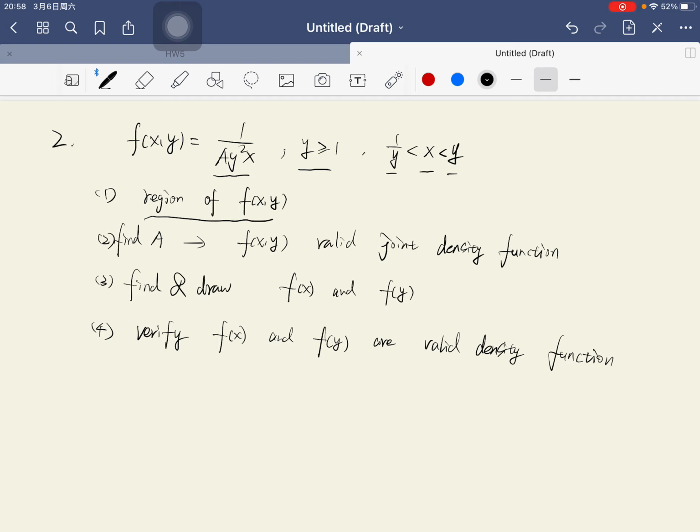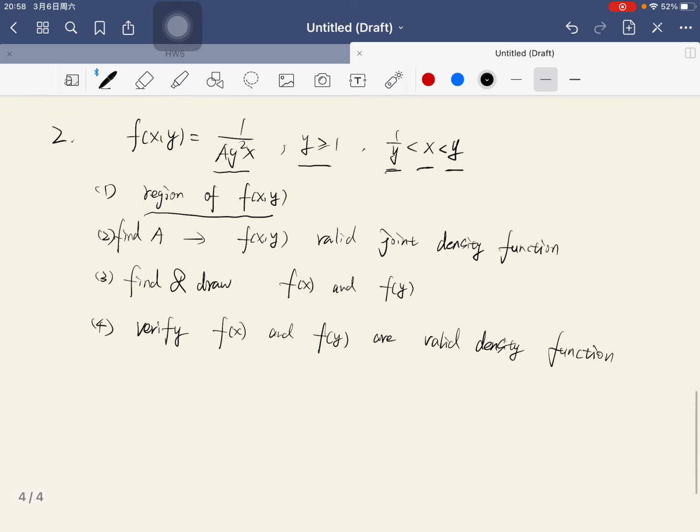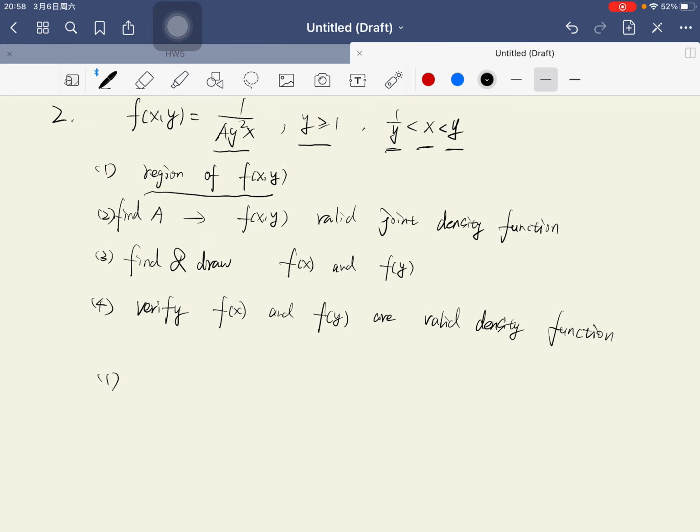In this region we could find that there are three limiting functions: y equals 1, x is bigger than 1 over y, which is y bigger than 1 over x, and x is smaller than y.